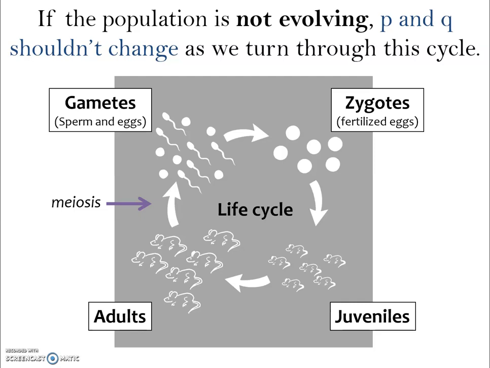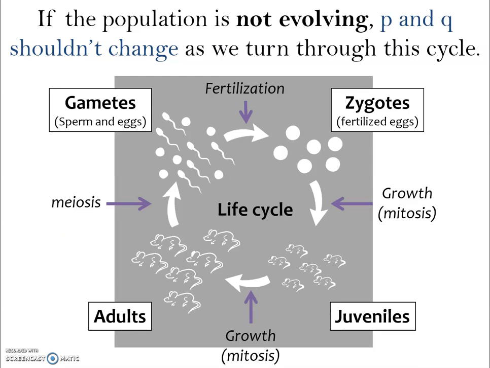Randomly, they form zygotes. Our gametes with one allele for every gene come together and give us zygotes, individuals with 2 alleles for every gene. If there's nothing interfering with development, these zygotes grow into juveniles, juveniles grow into adults.